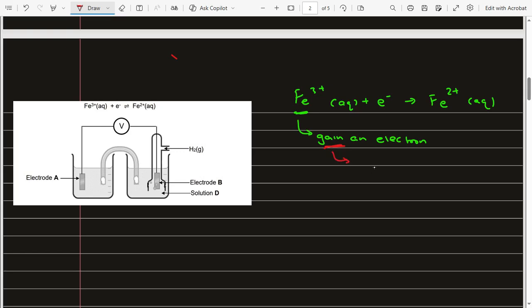Gain of electrons means reduction. Therefore, we can conclude that this given reaction is a reduction reaction.